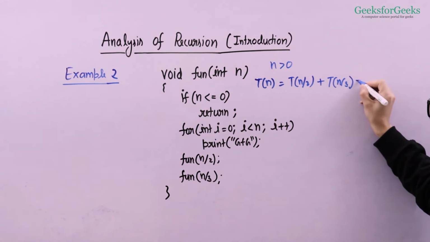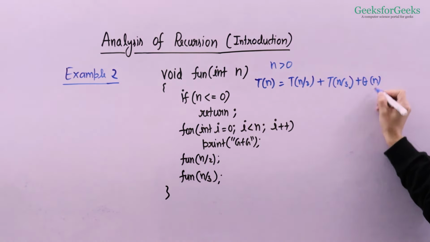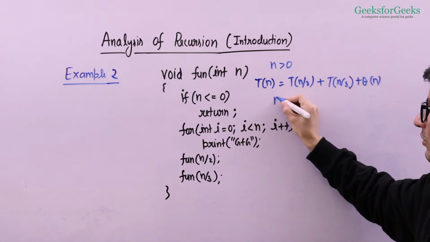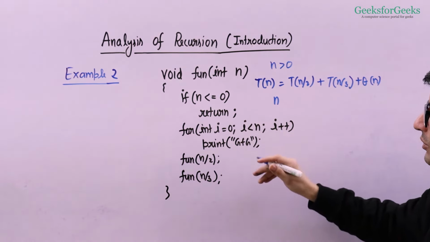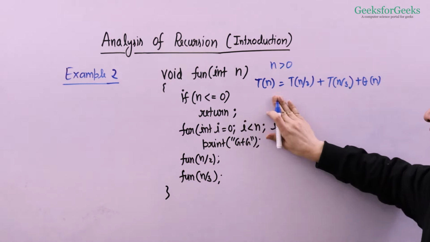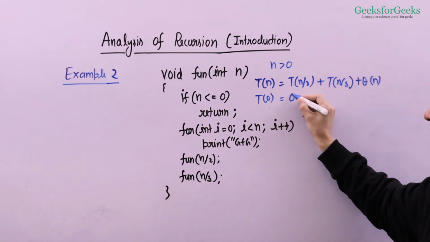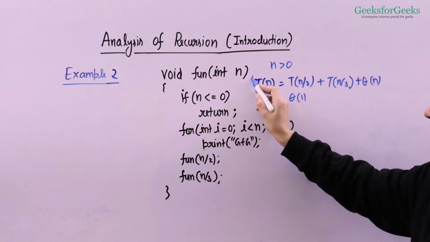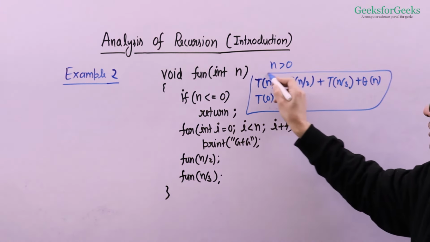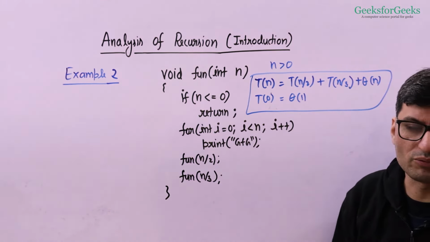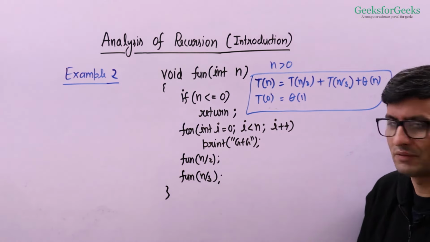So the recurrence relation is this when n is greater than 0. And when n becomes 0, or when n is smaller than or equal to 0, how much work are we doing? We are doing constant amount of work. So we can write T(0) is theta 1, right? So that's the recurrence relation for time complexity computation of this recursive function.